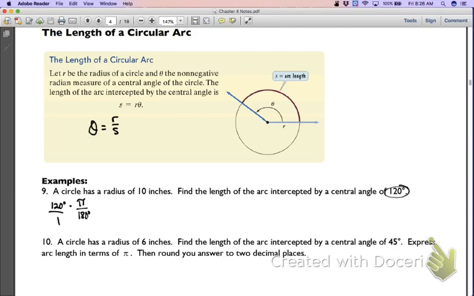In doing that, what is 120 and 180 going to reduce to? What can I divide both of those by? 60. So I'm dealing with a 2 up here, a 3 there. So my theta is really 2 pi over 3.